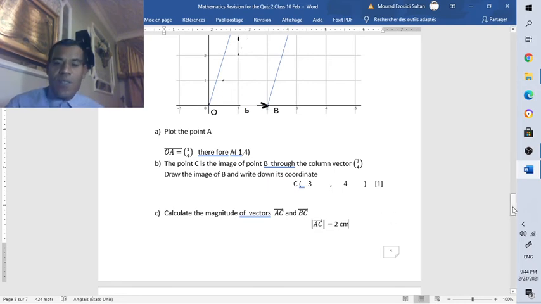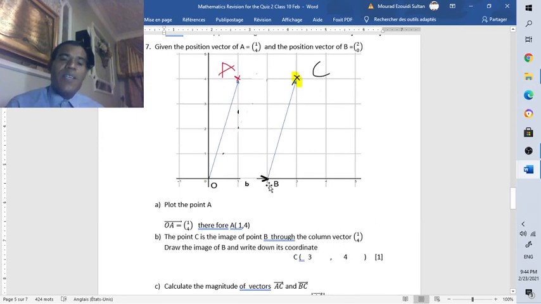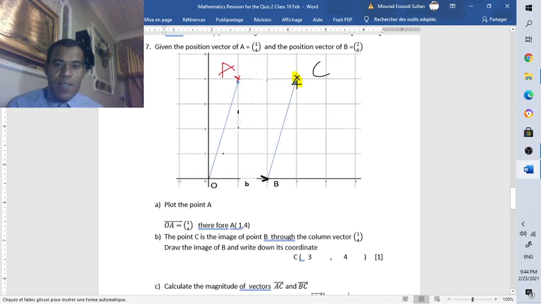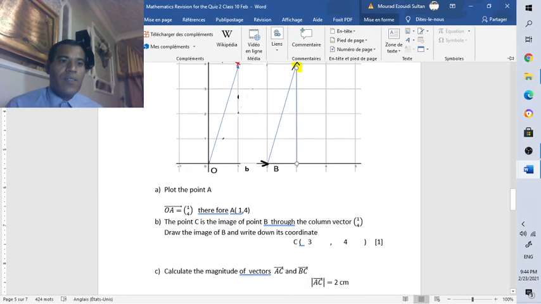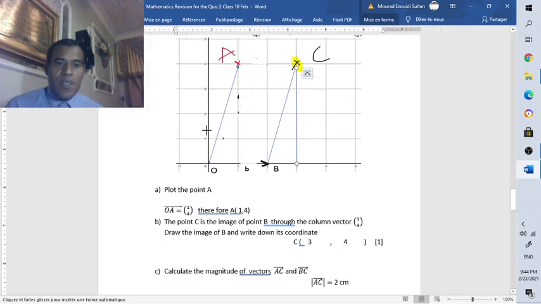Then for BC, this is BC. You can see this is a right angle triangle. My learners, let's use the Pythagoras theorem, or just use the formula.